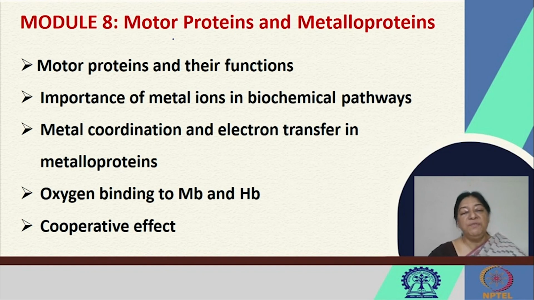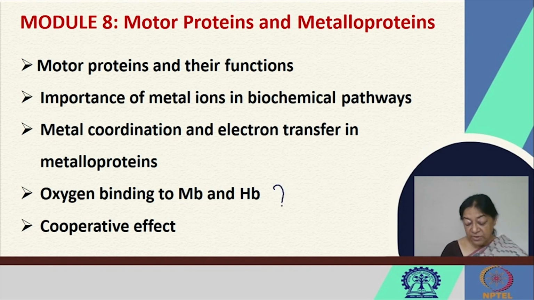Then after this module, we went on to look at very specific classes of proteins. In module 8, we looked at motor proteins and metalloproteins. The motor proteins and their functions, the importance of metal ions in biochemical pathways, and how we have specific metal coordination and electron transfer in metalloproteins.